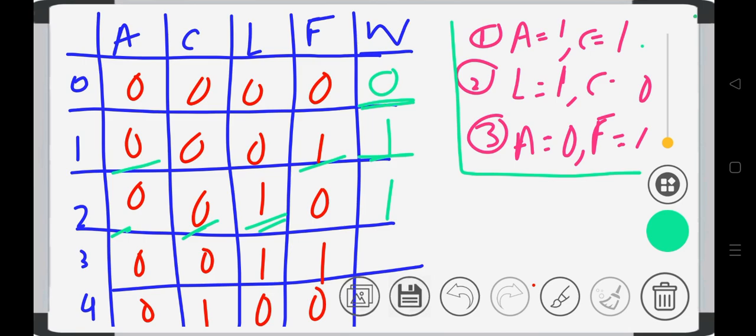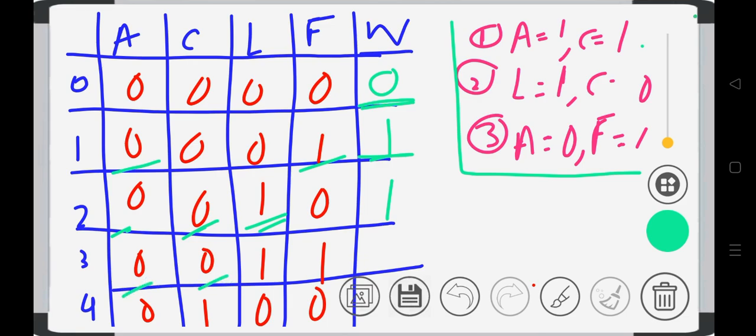If your second condition is satisfied, you don't need to go to the third one. Or if your first one is satisfied, you don't need to go to the next one. If any is satisfied, you don't need to go to the next consecutive one. Okay, so let's go to the third one. A1 C1, no, A is not 1, C is not 1.